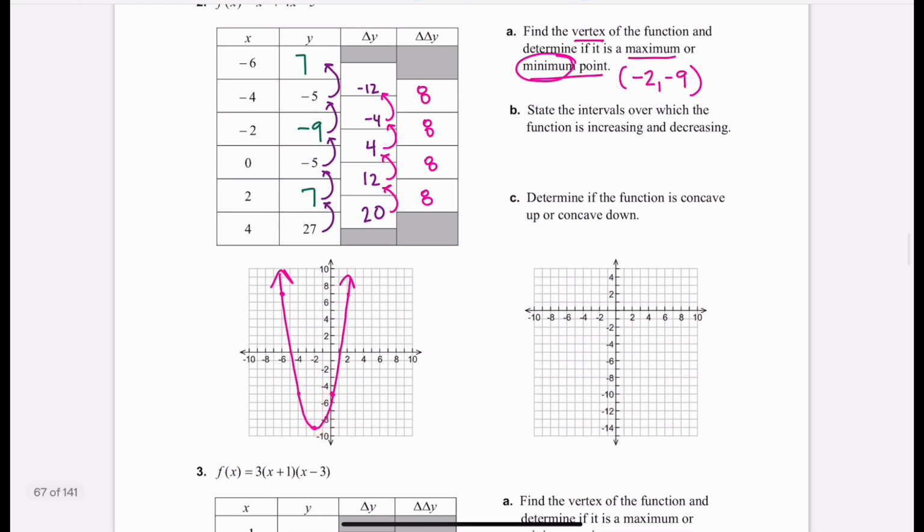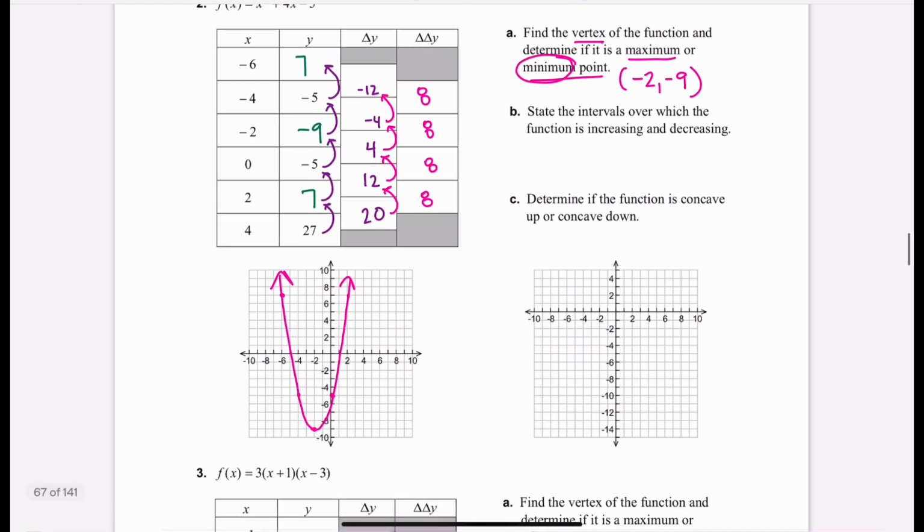Now we're going to find where it's increasing and decreasing. So if I look here, 7 goes to -5, then to -9. That is decreasing from -6 to -2.